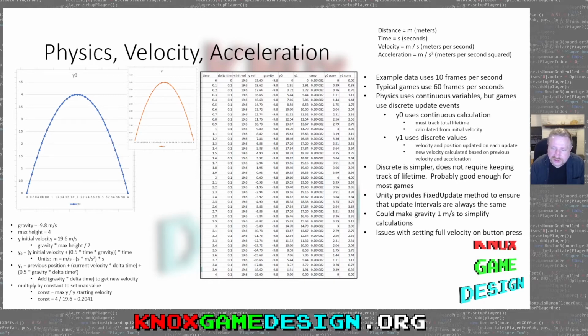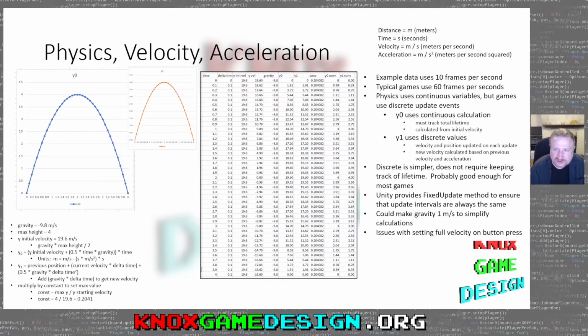I will also mention from that talk that I listened to that this method of doing the discrete values only applies if your acceleration is constant. So typically gravity is always the same value. But I guess if you're doing something funky where the gravity changes, this doesn't apply.